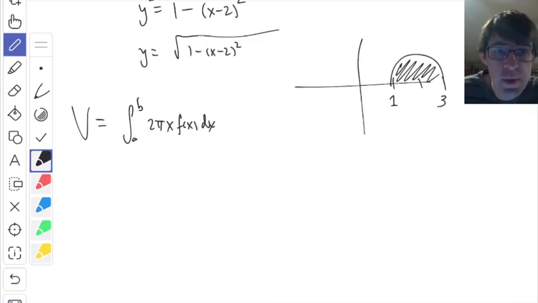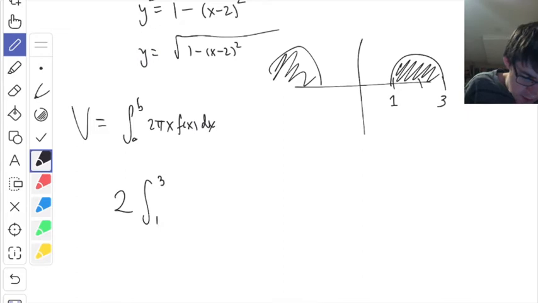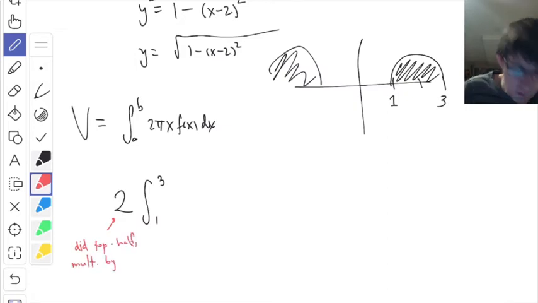The a and the b, when you're doing the shells method, start on the inner part and you work your way outwards to the outside, which is 1 to 3. Great. So in our case, I'm going to put a 2 out front. Remember I said this is because we only did the top half, and we were going to multiply the whole answer by 2, so that's where that 2 comes from.